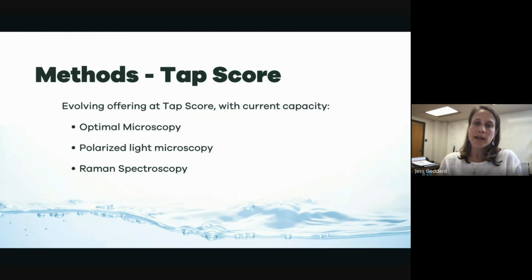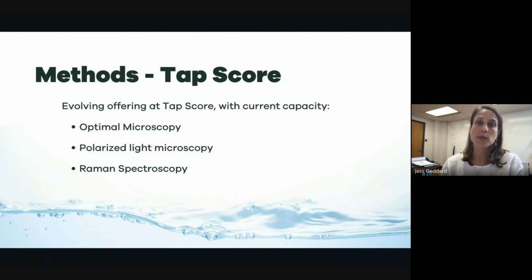At TAPSCORE right now, we're really trying to stay on top of the available methods as much as we can. We hope that this offering evolves with the science and with labs increasingly seeing the relevance of offering these services. With our current capacity, our offering focuses on both count methods and polymer identification.